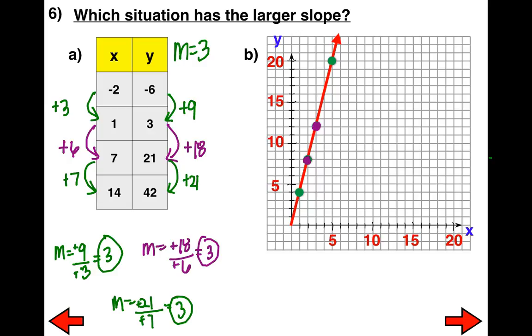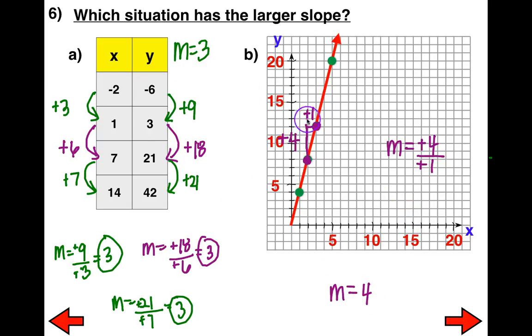So let me do that here. I'm going to count my vertical change. It's going up 1, 2, 3, 4. Since it's going up 4, I'm going to go ahead and put that as a positive 4. So far, I have a vertical change of positive 4 over, what's my horizontal change? I'm going 1 to the right, so that's a positive 1. So here, what's positive 4 divided by positive 1? I would say my slope is 4.